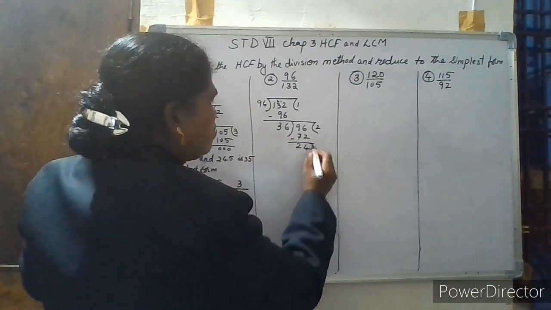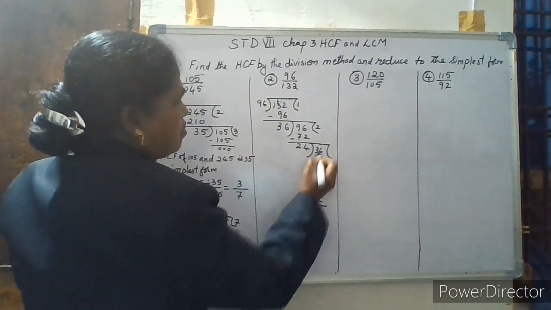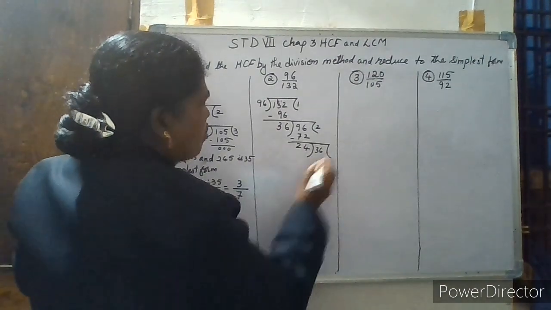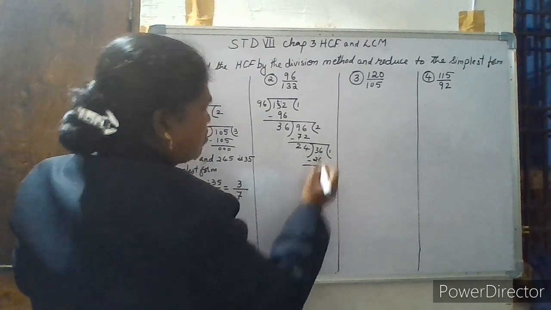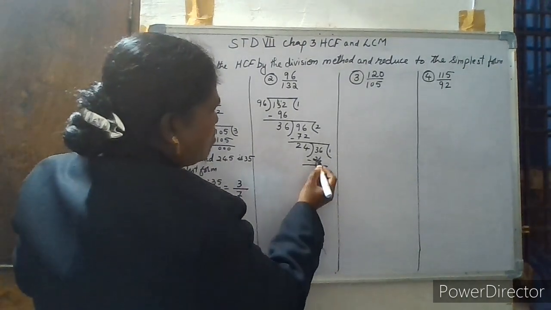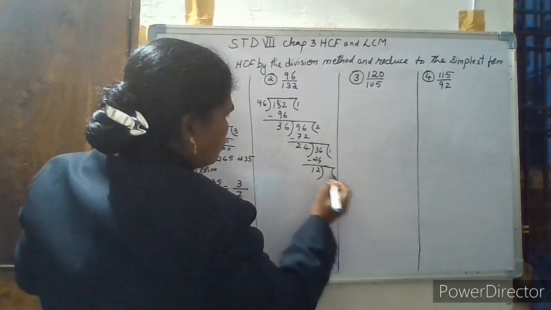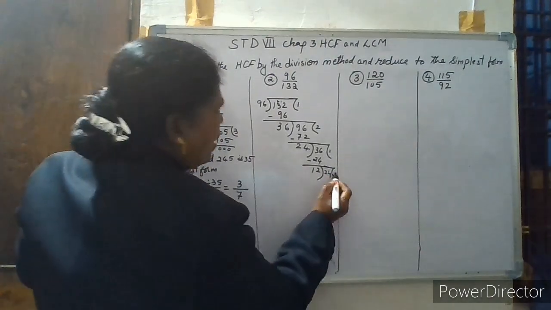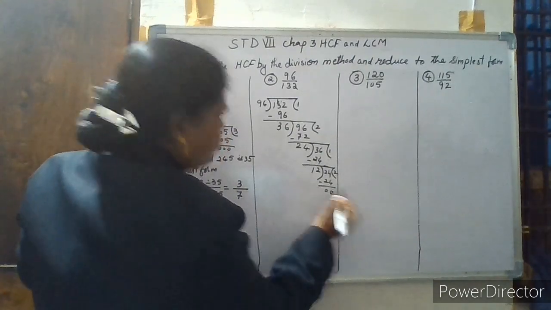Now again this you take as the divisor. Now 36. 24 2s is 48. So again it will go 1s, 36 minus 24. 12 becomes the divisor and 24 here is the dividend. 12 2s is 24 minus 0 0.